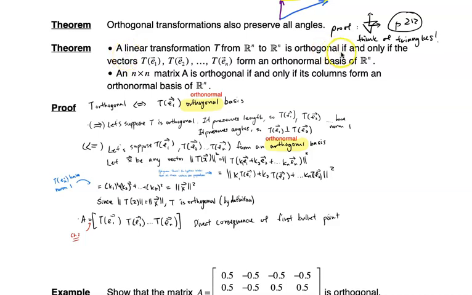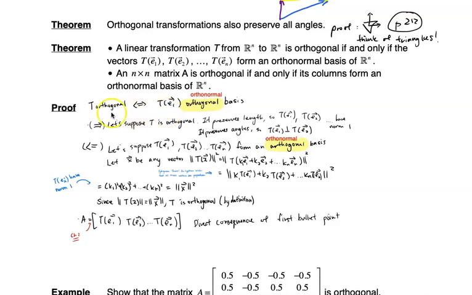It says if and only if, which means that these two statements, A and B, are equivalent. We can say if A, then B, and also if B, then A. And that's how we're going to prove it. We have to show that T is orthogonal if and only if T of e_i is an orthonormal basis.